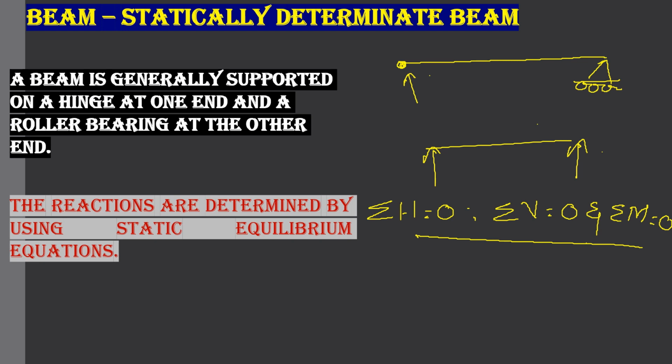For example, in this beam, if we take the supports as A and B, the reactions can be taken as RA and RB. By using sigma V equal to 0 and sigma M equal to 0, and any loading conditions, we will be able to determine the reactions RA and RB. That is why we call this a statically determinate beam.